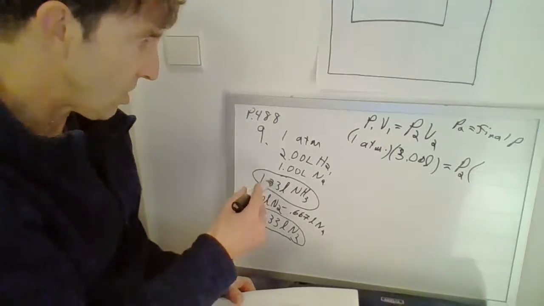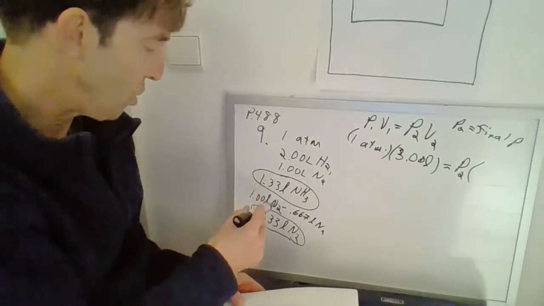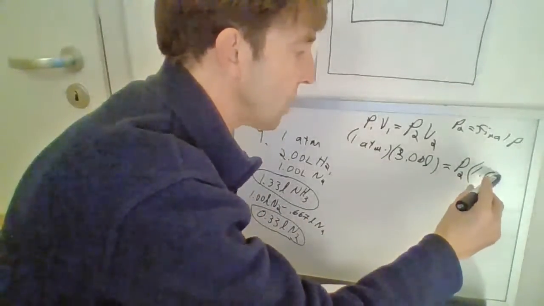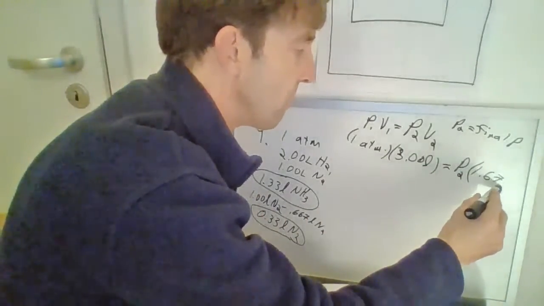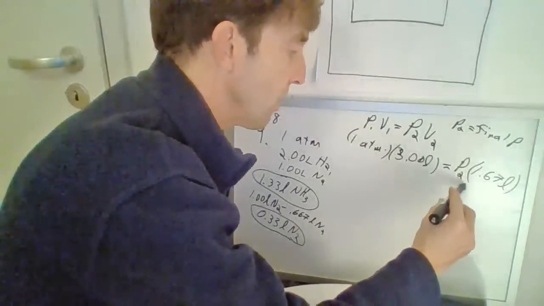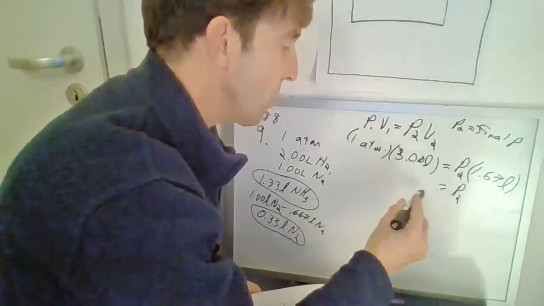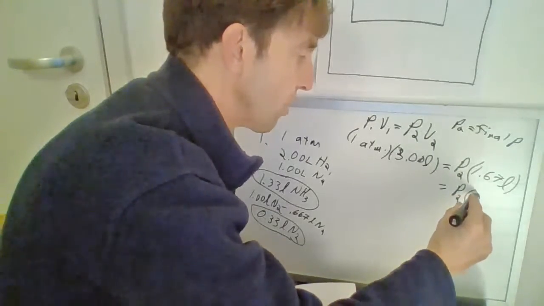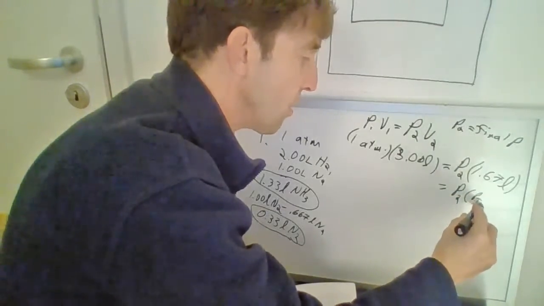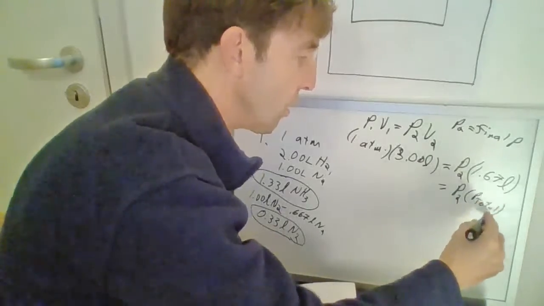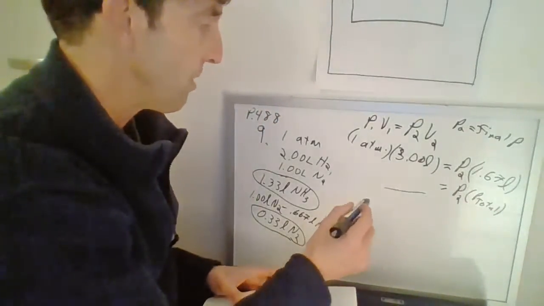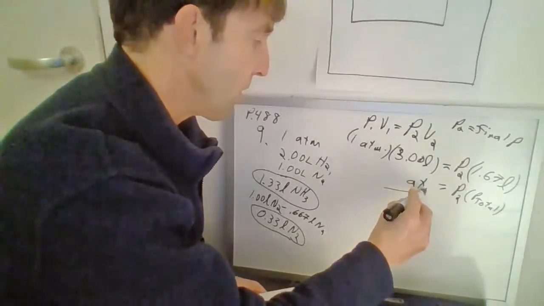Oh, now it's less than 3. Now it's 1.66 or 1.67 maybe if we round it better. And P2, that's the total, equals whatever. Okay, you can figure that out. And it'll be in atmospheres.